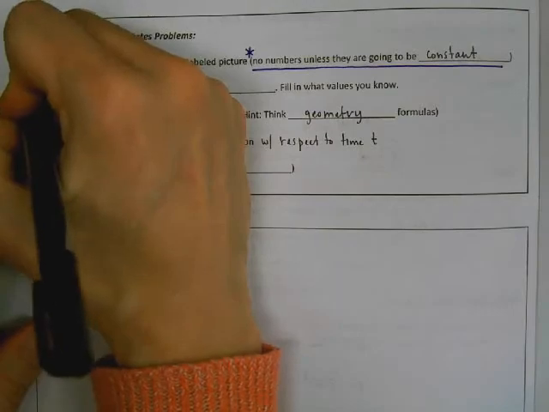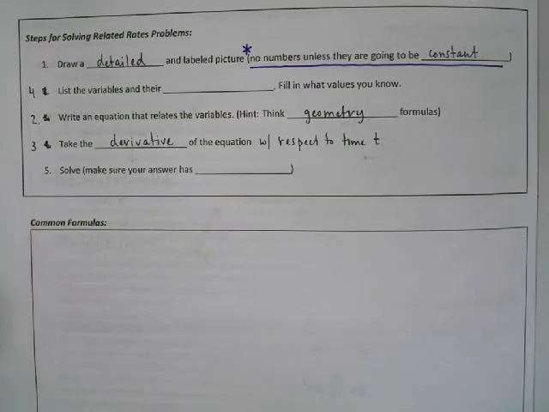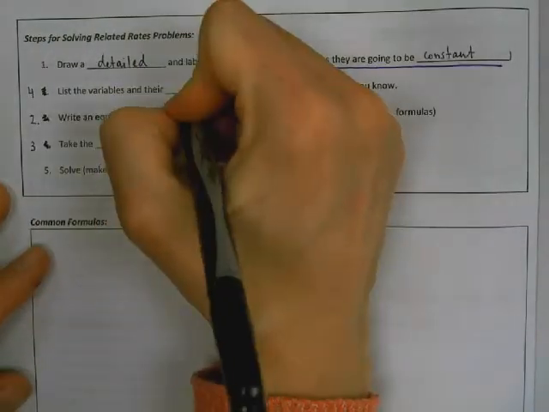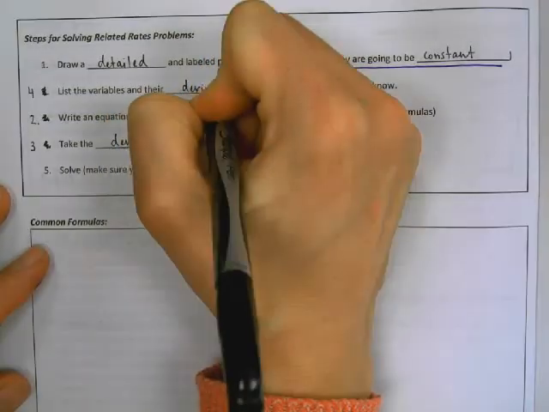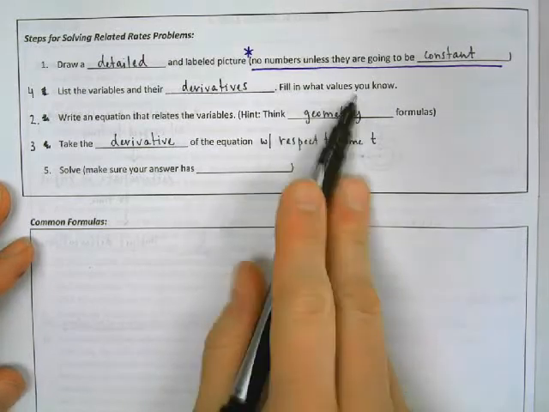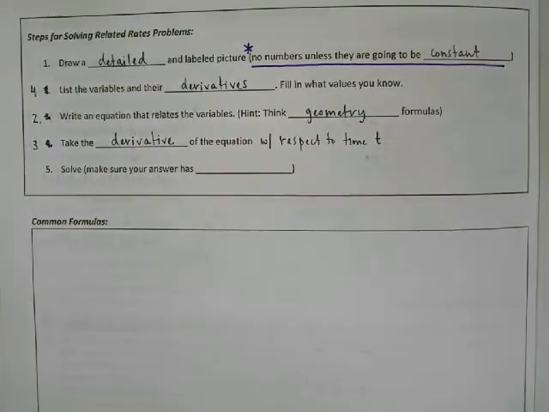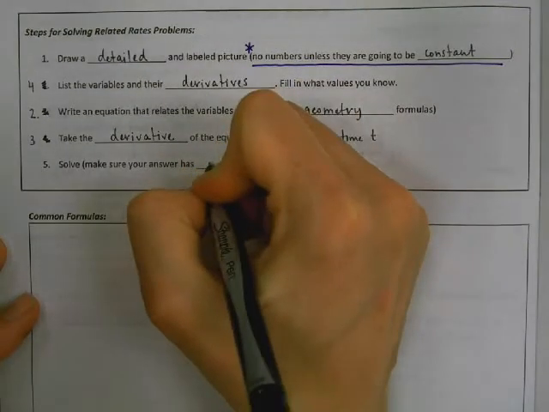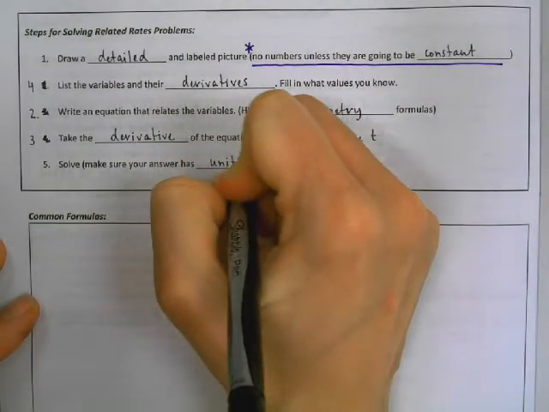The next thing I'm going to do is list the variables and their derivatives. So list those pieces that come out of step 3 and then fill in any values that we know. And then our last step is to solve and make sure our answer has units.